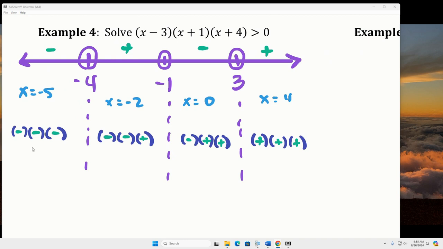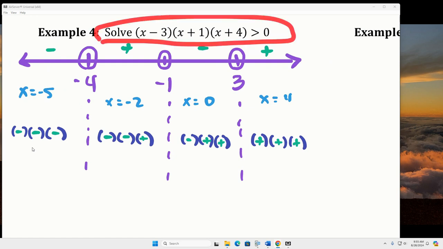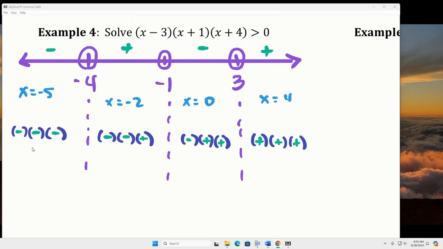What do you think? If this was the original problem, I want to get a positive. I want greater than 0. Greater than 0 is positive. So what I would do is I would shade the ones where I got a positive for that region. And those are my solution regions.